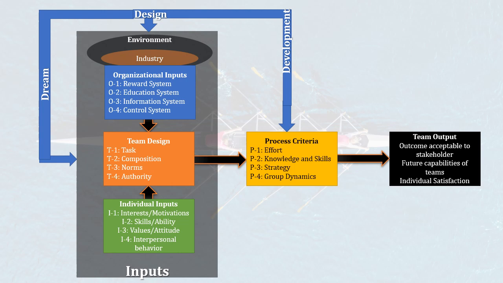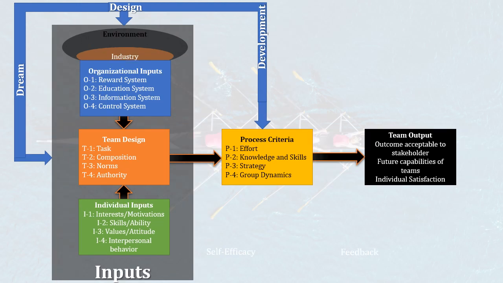And development is what the leader does in order to enable the team members to complete those tasks. So these are the three functions of leadership according to this model. I hope everyone is clear with input, process, output plus the functions of leadership as per this model.